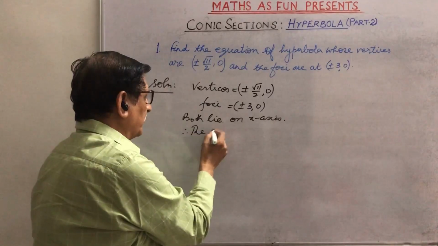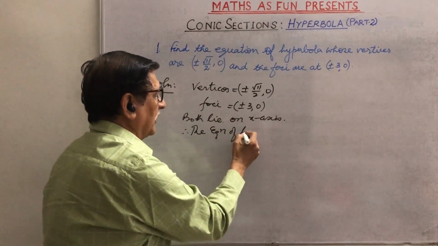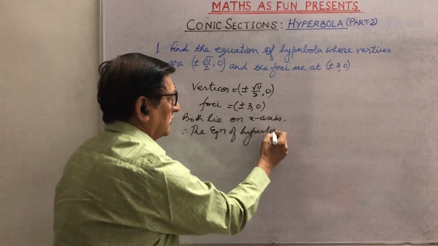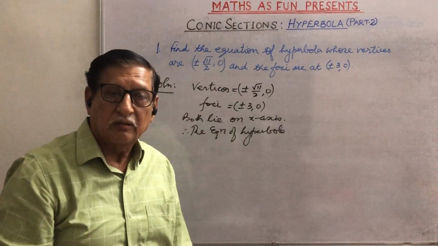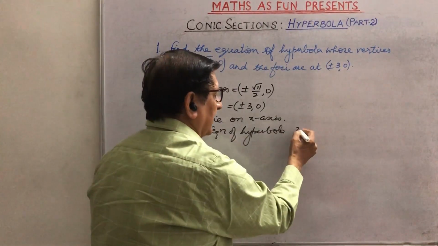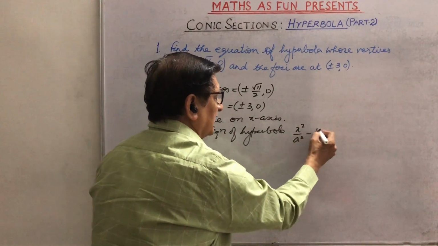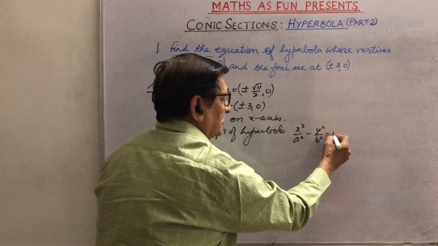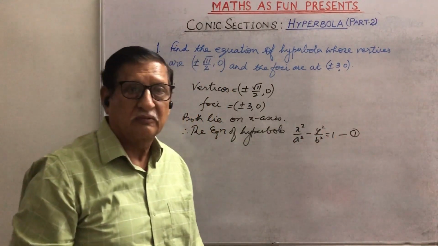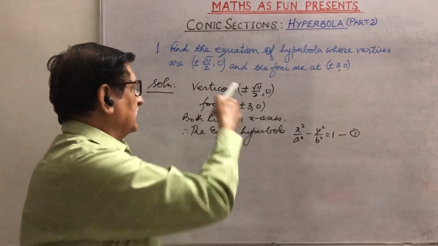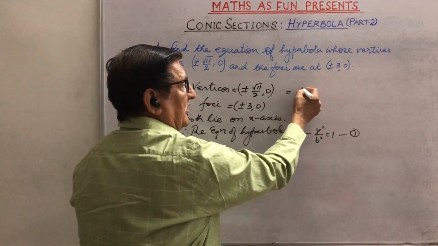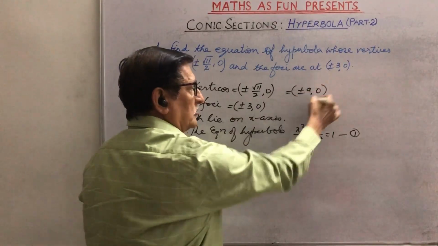Therefore, the equation of hyperbola will be the standard equation, that is x square upon a square minus y square upon b square is equal to 1. Now we also know that the vertices of this are given as plus minus a comma 0.